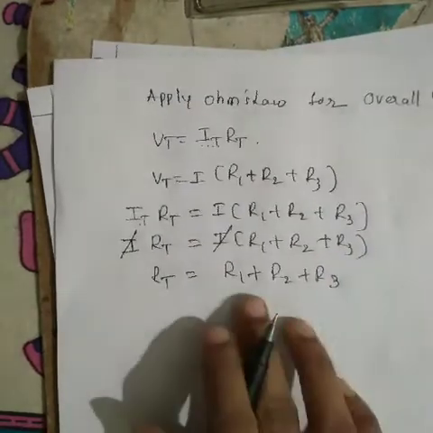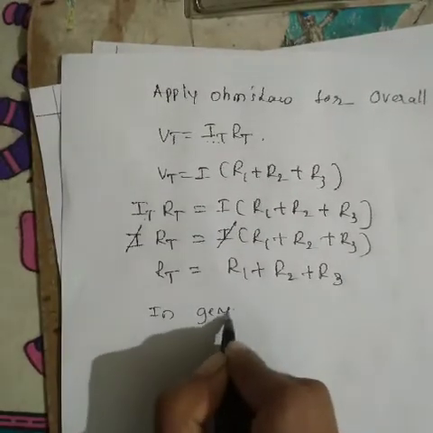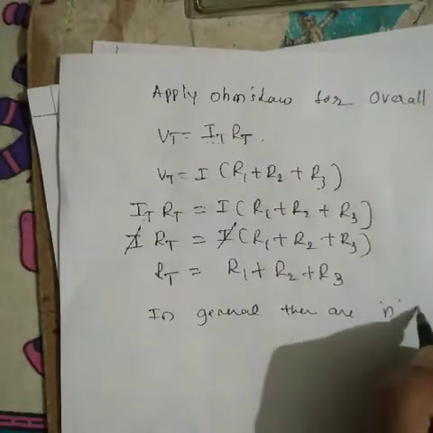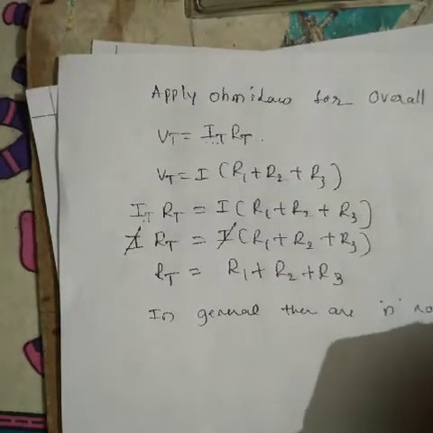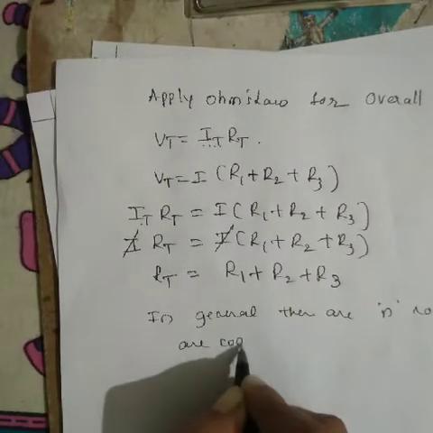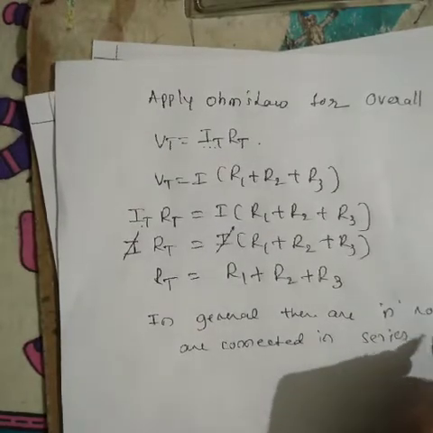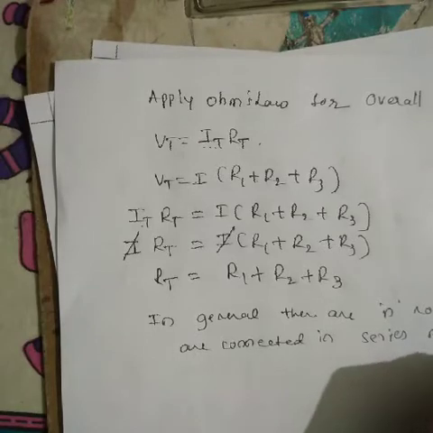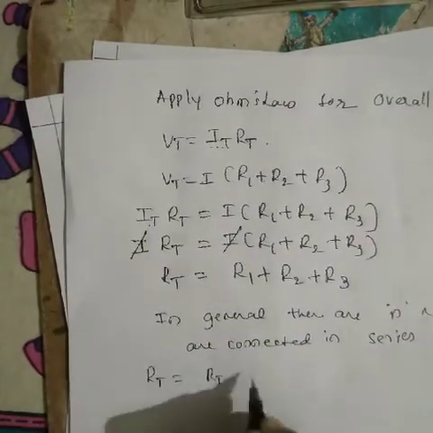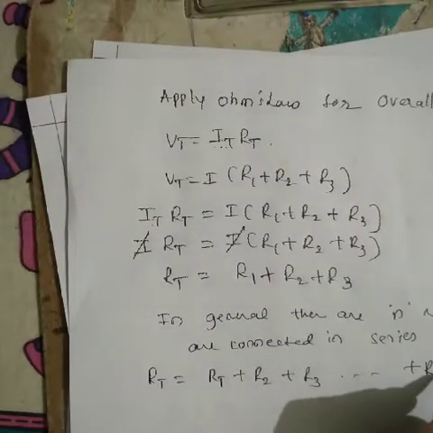Here I considered three resistances. In general, if there are n number of resistances connected in series, therefore RT is equal to R1 plus R2 plus R3 up to Rn.